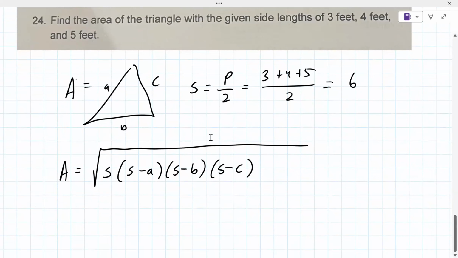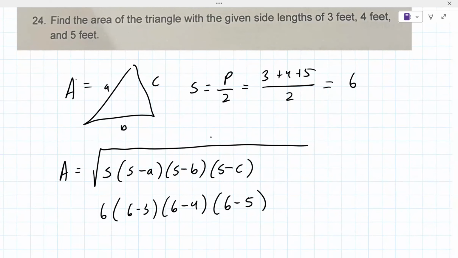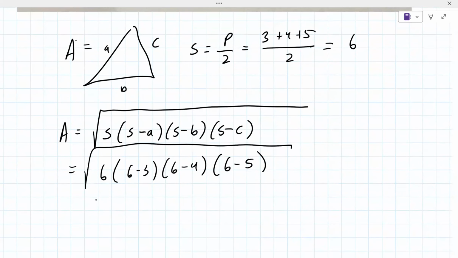Yeah. Okay. So that's 6 minus 3, 6 minus 4, 6 minus 5. So we got 3, 2, and 1.